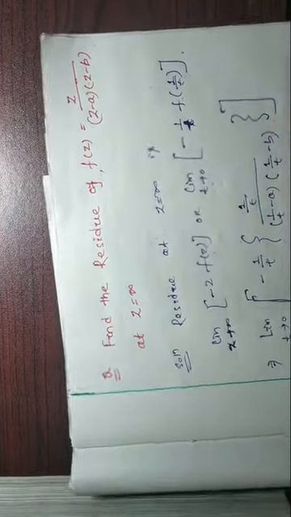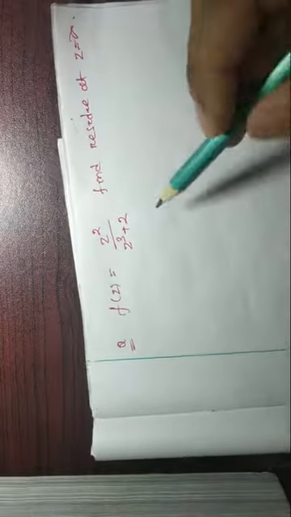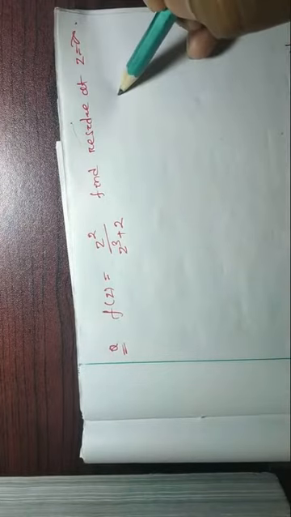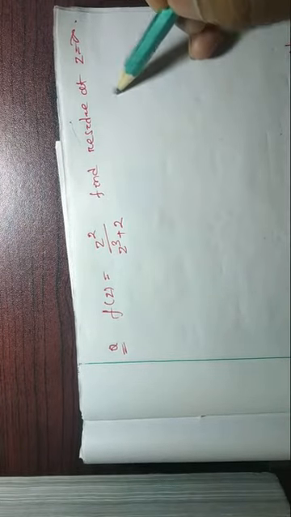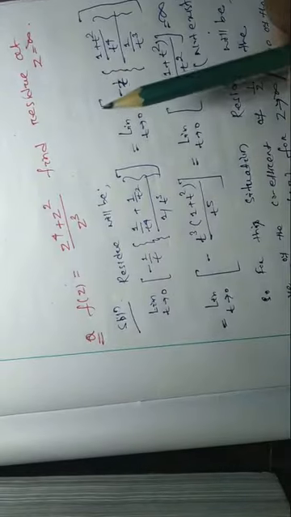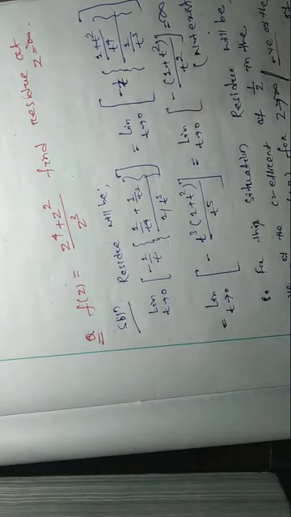Okay, we have to move to the next problem. You can pause this video, or I will send you the notes. Now this question is for you, you can do it, no problem. But now consider this problem.